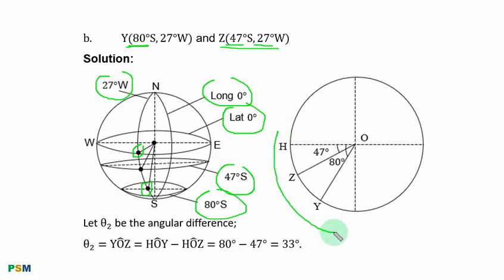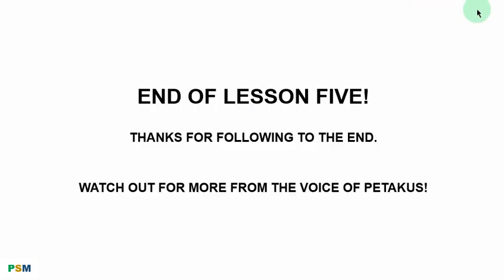We are interested in the angular difference between Y and Z. That is the entire angle 80 degrees minus 47 degrees, and that is 33 degrees. End of lesson 5.